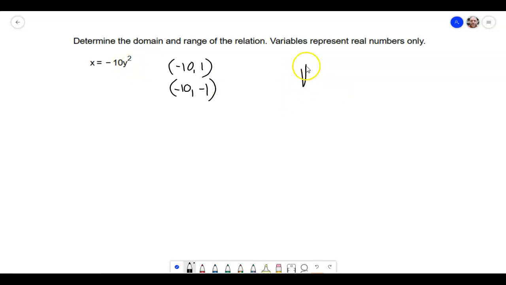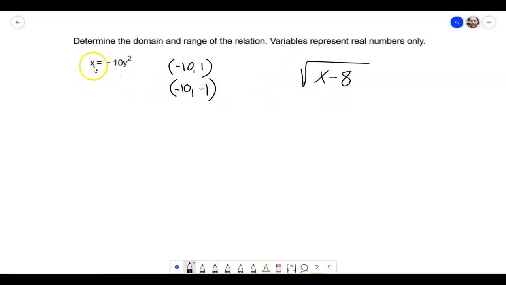There's nothing stopping you from putting a 1000 for y. Now if we looked at that previous one where we had the x minus 8, obviously we could not put in a 100 or a negative 100 for x, because that would give us a negative square root, and that's not possible amongst the real numbers there.